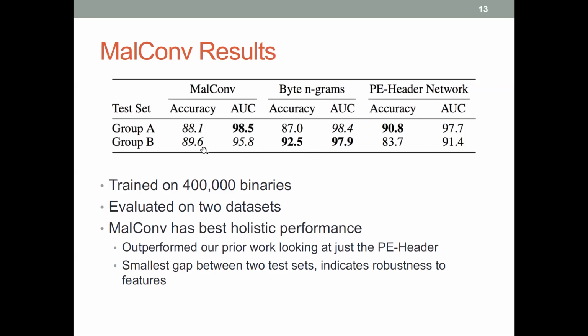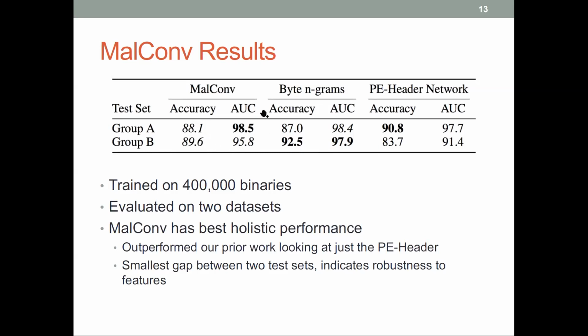However, note that the difference between the accuracy of group A and group B for MalConv is smaller than the similar difference for the byte n-grams model and the PE header model. And they note that this can be a sign of enhanced robustness. So they say that the model is performing really well on group B and is performing similarly well on group A, which means that it generalizes pretty well.